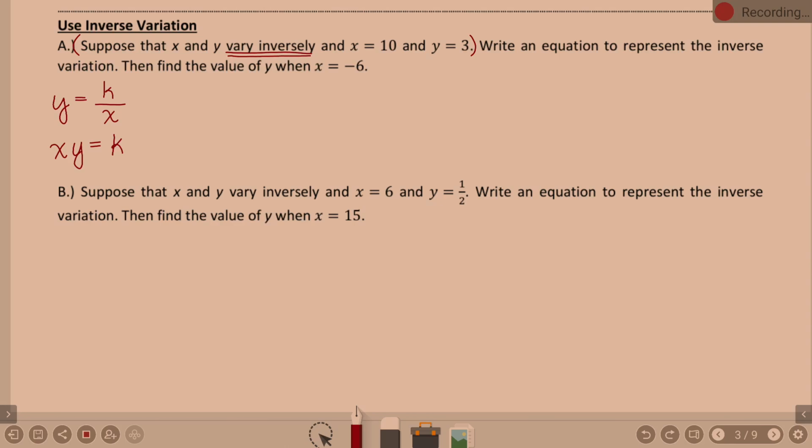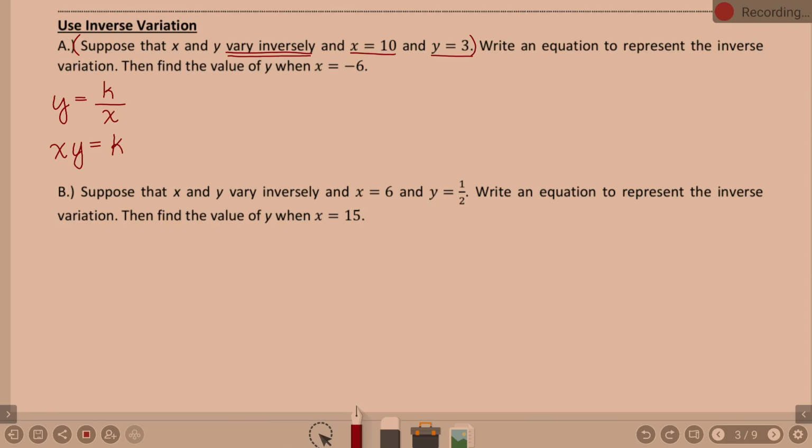I know those are the two equations I'm working with because I saw the words varies inversely.